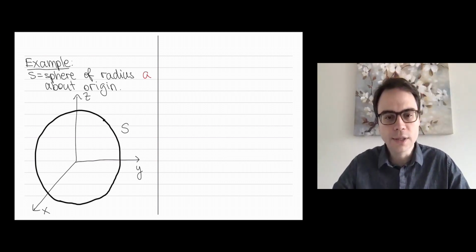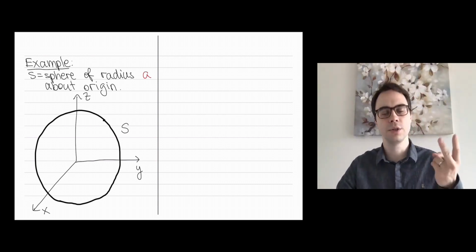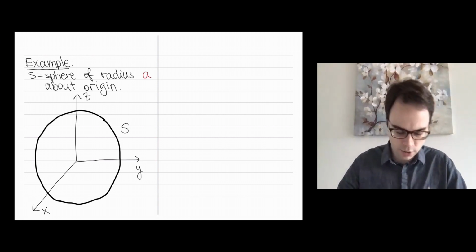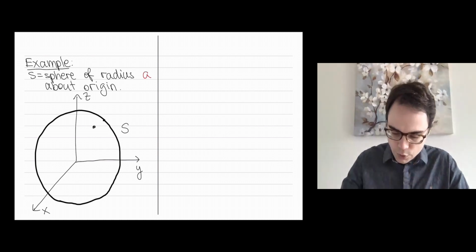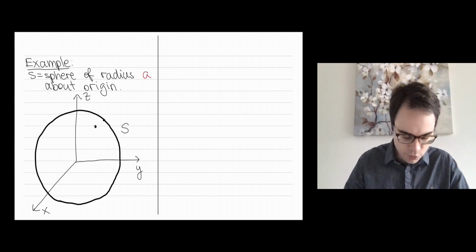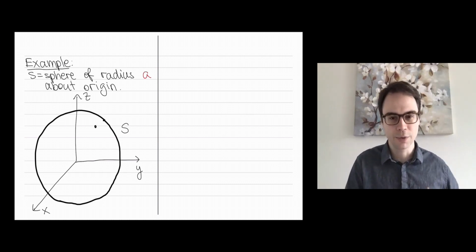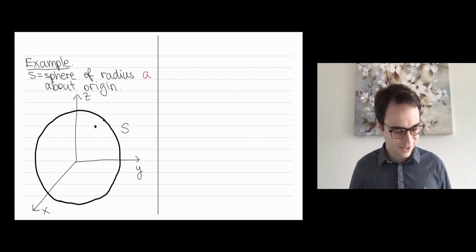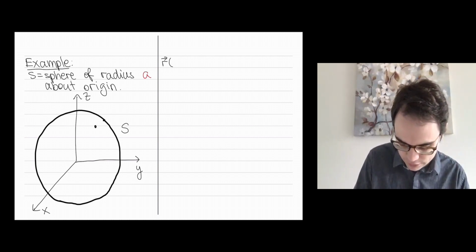In spherical coordinates it's the same, but this time we're going to need two angles to describe points on the sphere, and we can just use the angles we learned about when working with spherical coordinates. So to describe points on the sphere, we're going to use spherical coordinates.